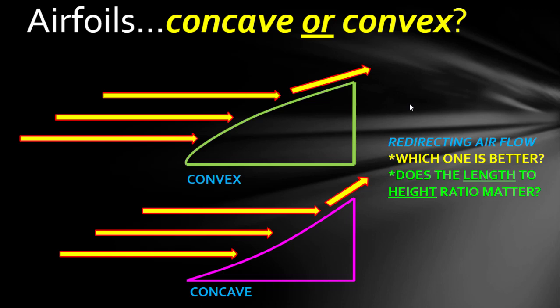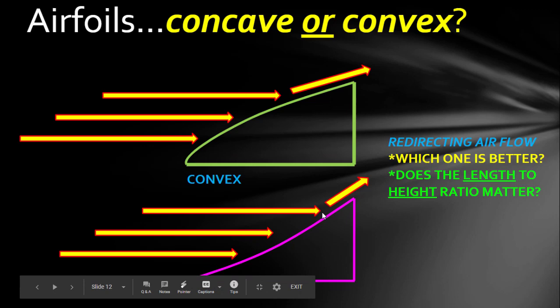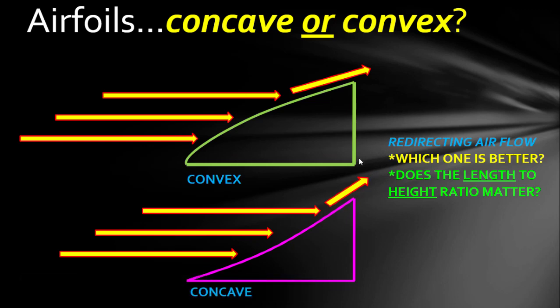Well, the same thing's happening with air as it's hitting these shapes, like hitting a jump that's concave or convex on skis or snowboard. It's basically shooting you off that jump and you're being redirected either somewhat vertically or simply in a linear approach off that jump.